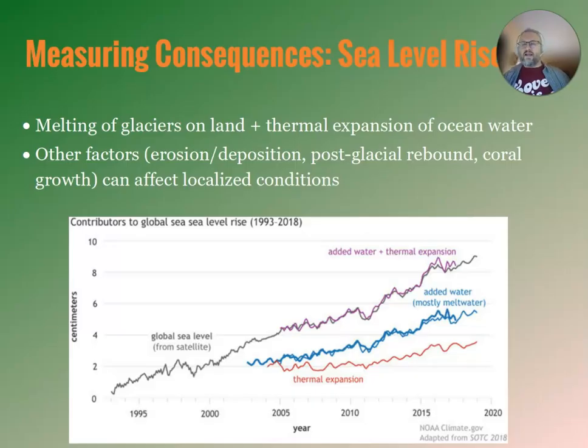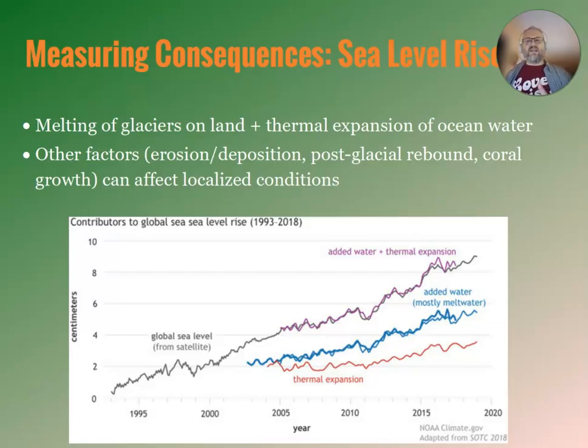One is that we're adding more water to the ocean, and that's due to the melting of glaciers that are sitting on land. We've got alpine glaciers, little mountain glaciers in mountain systems all over the world, and then we've also got our giant ice sheets in Greenland and Antarctica. As those land-based glaciers melt, that meltwater runs off into the oceans. We're adding water to the ocean.